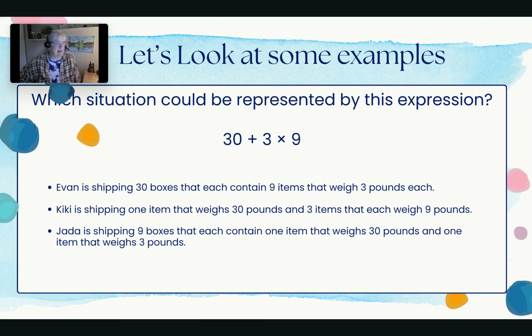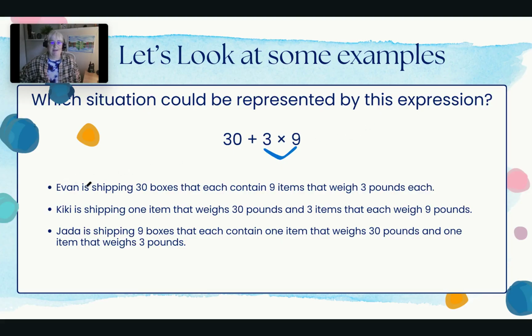All right, last example. Which situation could be represented by this expression? 30 plus 3 times 9. We don't have any parentheses, but we remember from PEMDAS that we are first going to multiply. So we're going to have to look at something that addresses this multiplying first.